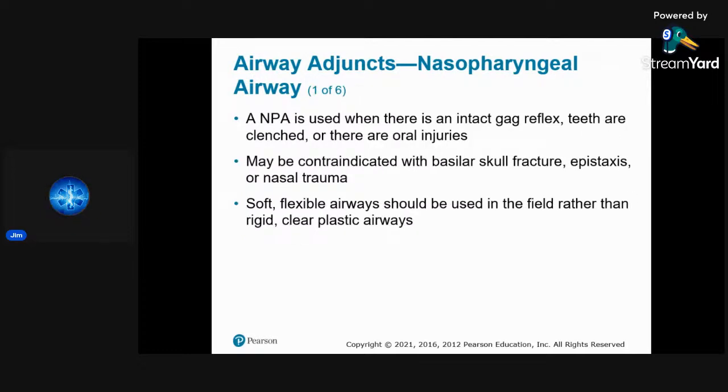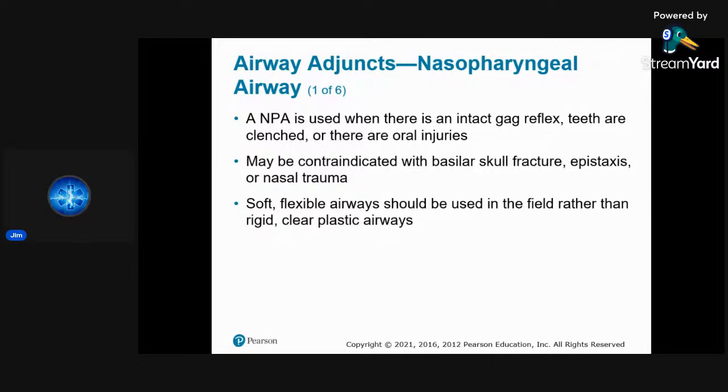Now, the NPA is used when you have an intact gag reflex, or when the teeth are clenched, or there's some type of oral injury. Now, a contraindication can be a basilar skull fracture, epistaxis, which is a nosebleed, or nasal trauma.